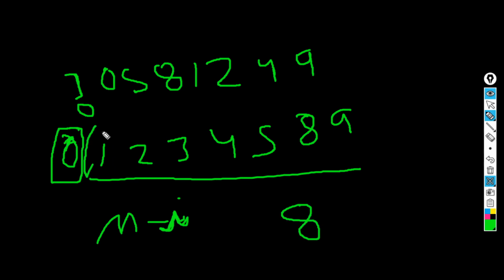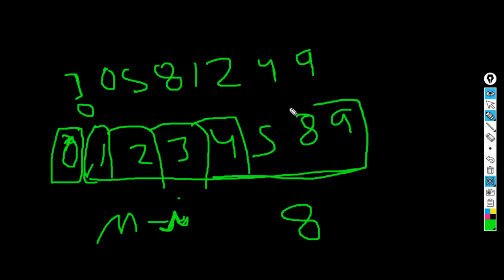Now 1 came, and this condition is true because there are 7 numbers remaining but the value is 1 only. Then 2 came, same thing. Then 3 came, same. Then 4 came. For 4 we have 4 elements remaining, so for 4 it is correct.